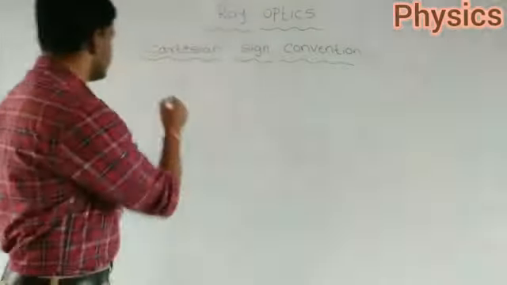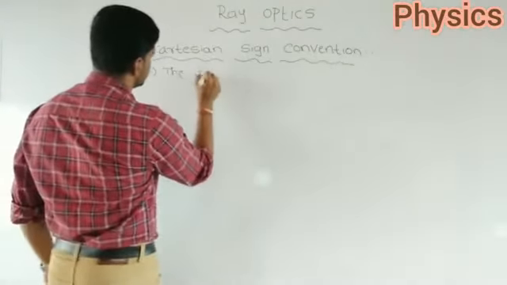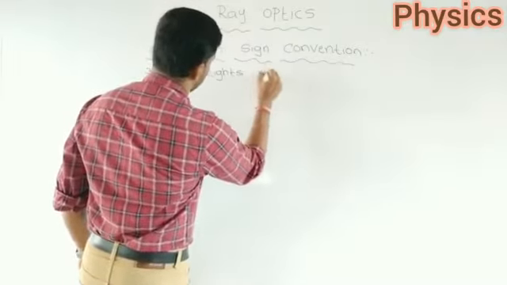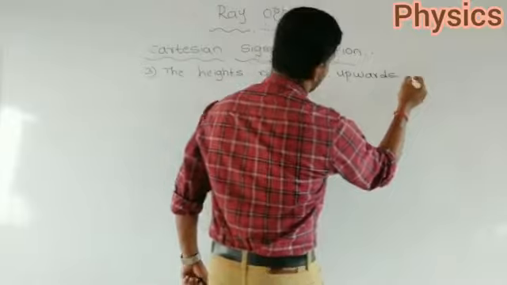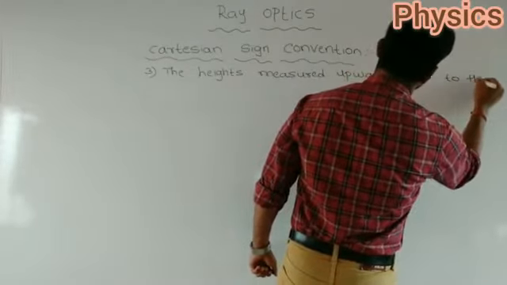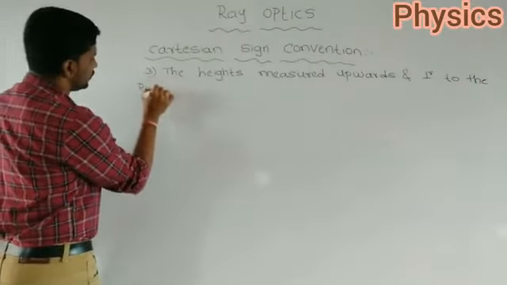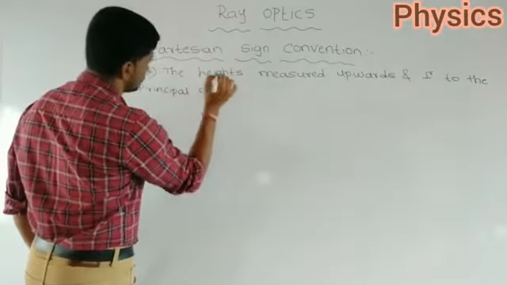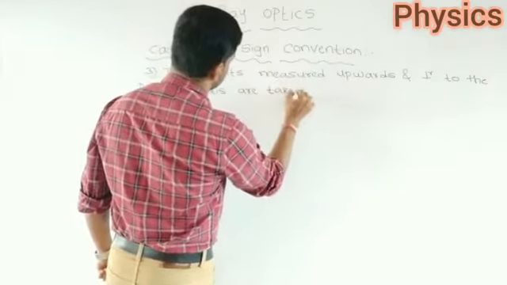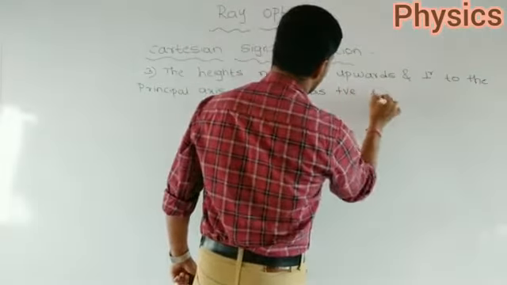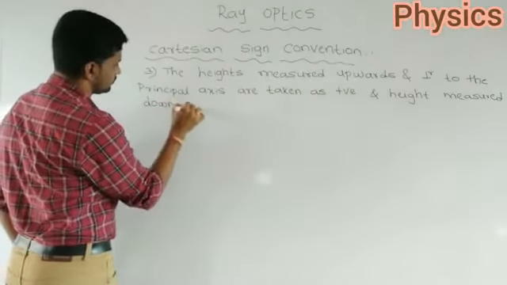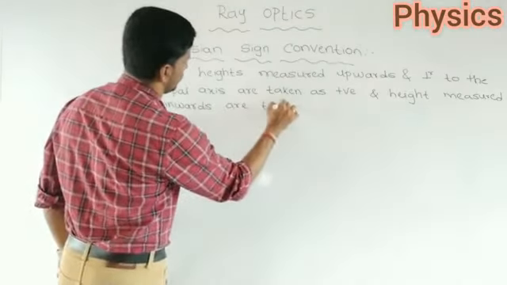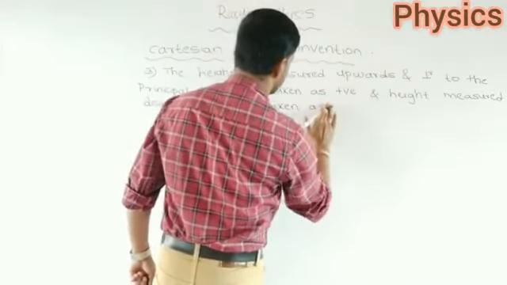Third sign convention tells that the heights measured upwards and perpendicular to the principal axis are taken as positive, and heights measured downwards are taken as negative.